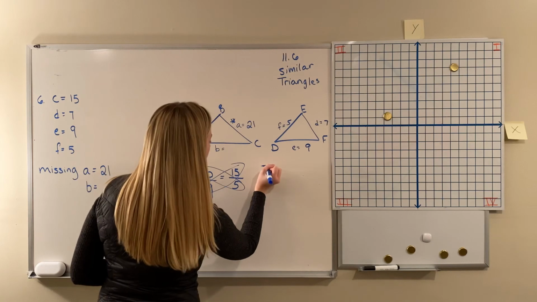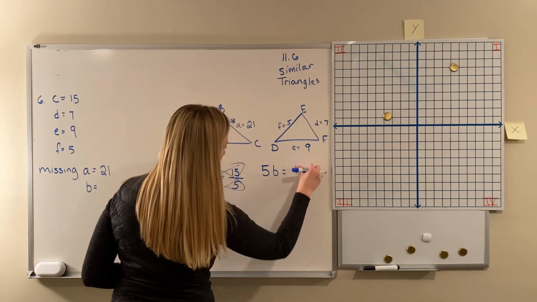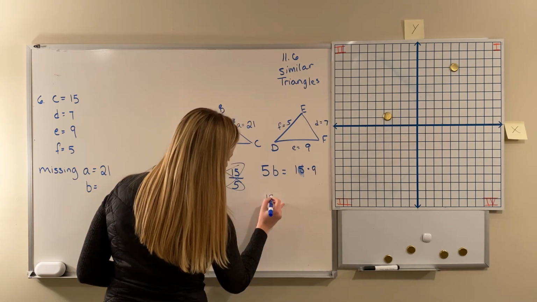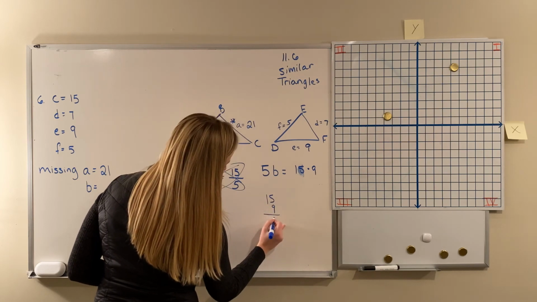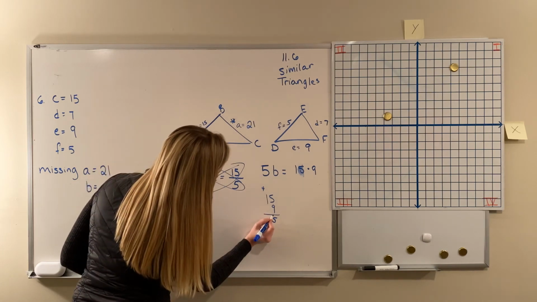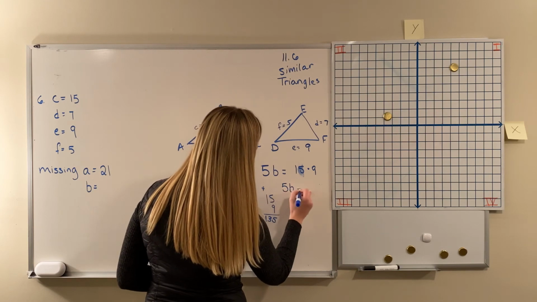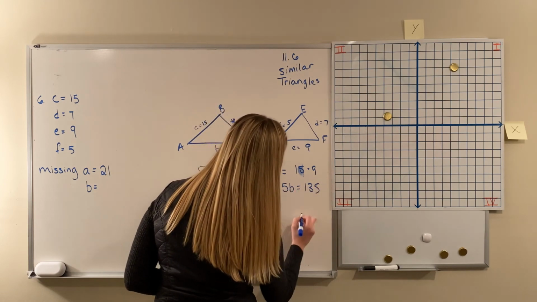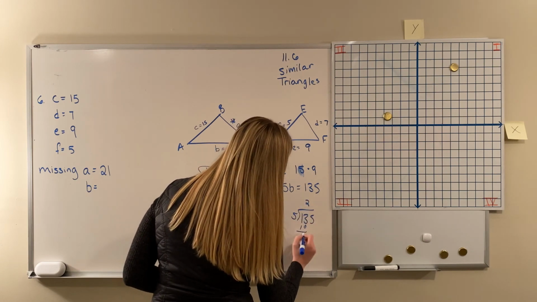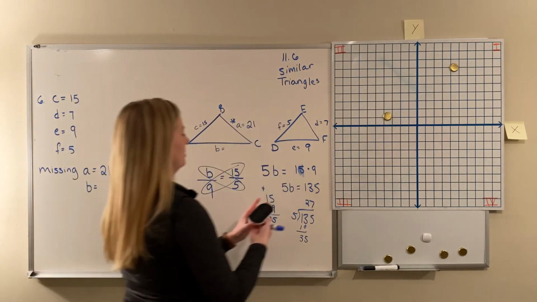So I have 5b is equal to 15 times 9. 15 times 9, 5 times 9 is 45, drop your 5, carry your 4, 1 times 9 is 9, plus 4 is 13. So now I have 5b is equal to 135. 135 divided by 5, 2, 10, 3, 5, 7. b is equal to 27.